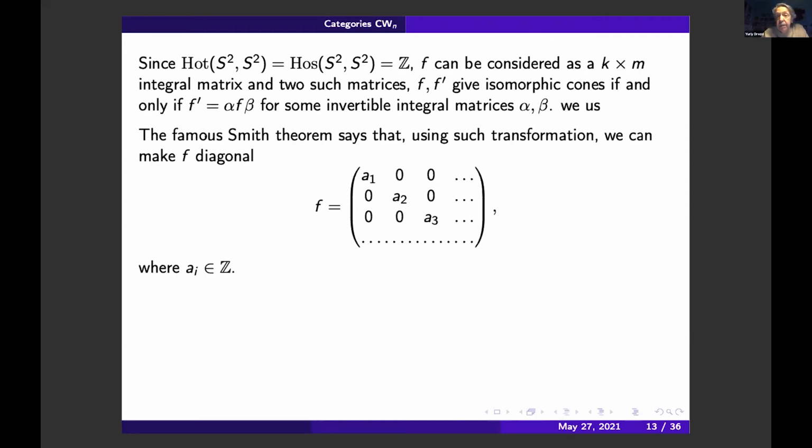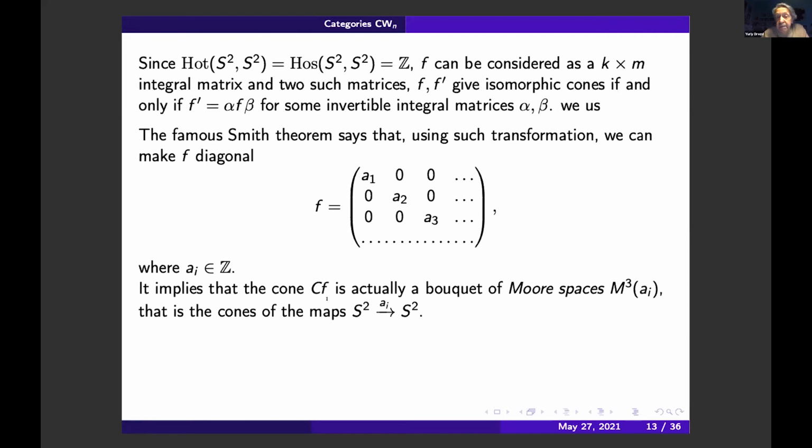So we can now recall the Smith theorem about integral matrices, and it says that using such transformations, we can make F diagonal. It implies that the cone of this morphism is actually a bouquet of Moore spaces, which are obtained by taking cones of each of these mappings, A1, A2, A3, and so on.